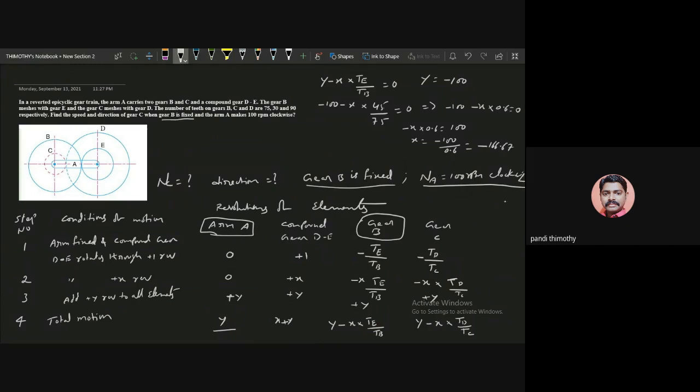Now I know the x value is minus 166.67 and the y value is minus 100.